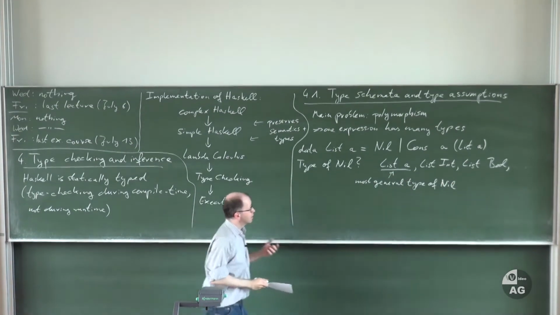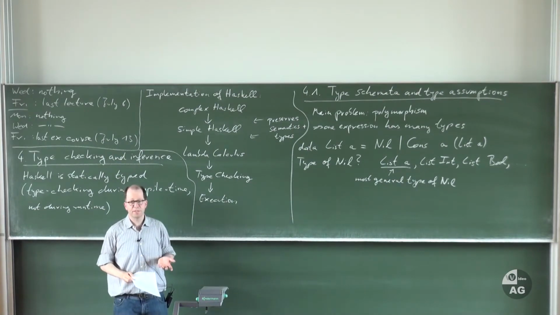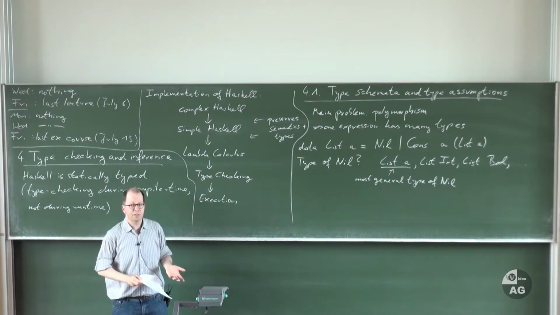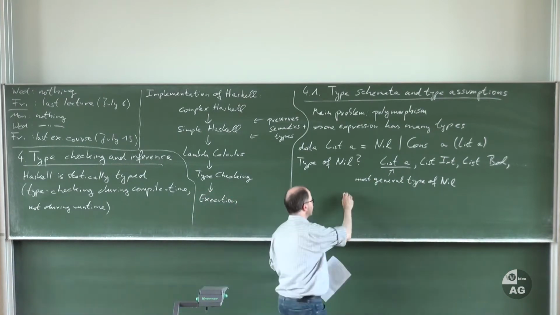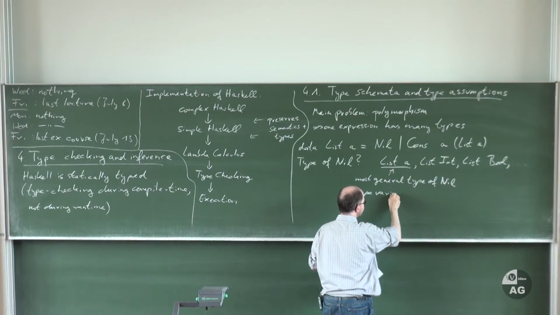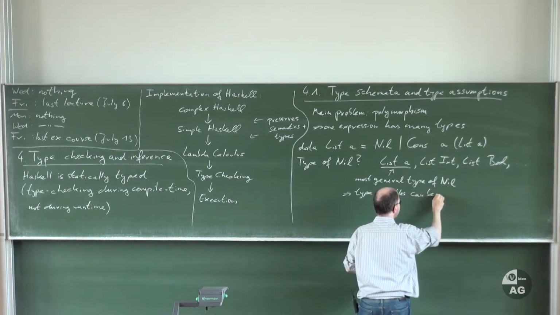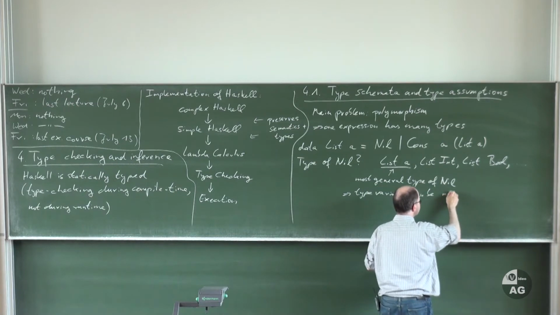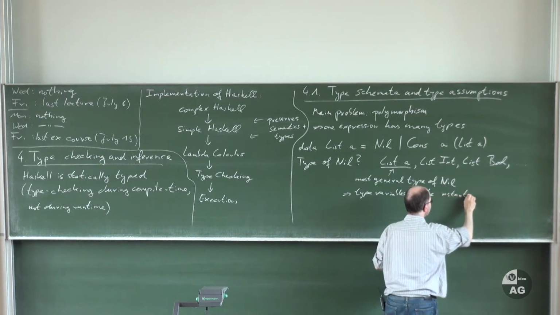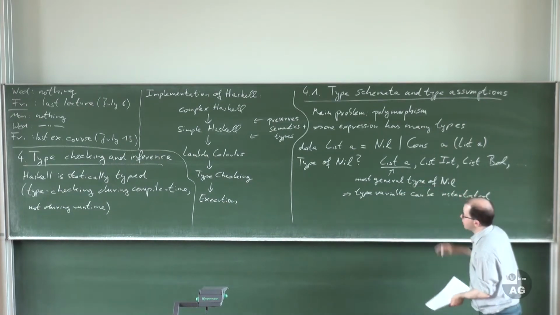And this means the meaning of these variables in the types is that you can instantiate them in any way you like. So type variables can be instantiated arbitrarily. And no matter how you instantiate them, they give you another type of this expression.